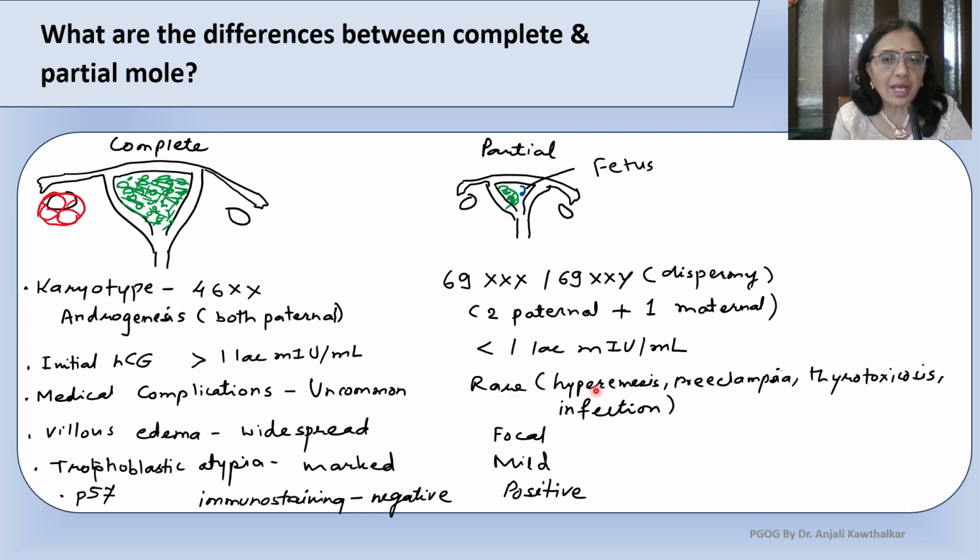Medical complications such as hyperemesis, early onset preeclampsia, thyrotoxicosis and infection are all seen whenever there is a late diagnosis of complete mole. Now, with better ultrasonography facilities, more and more cases are being diagnosed earlier, compared to the previous way of diagnosis, which was sometimes late, even in the second trimester.